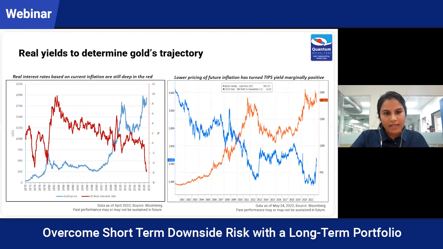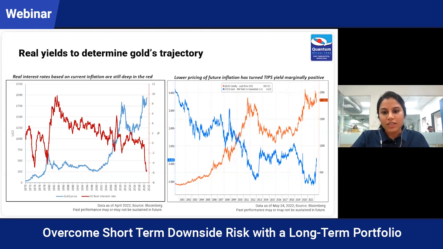Moving on to the next slide, I'll start with what is driving gold prices. So real interest rates in the US are a dominant driver of international gold prices. Real interest rates are nothing but nominal interest rates adjusted for inflation. So currently inflation in the US is at 40-year highs of about 8.5%, and nominal interest rates on the government's 10-year bond is close to 3%.